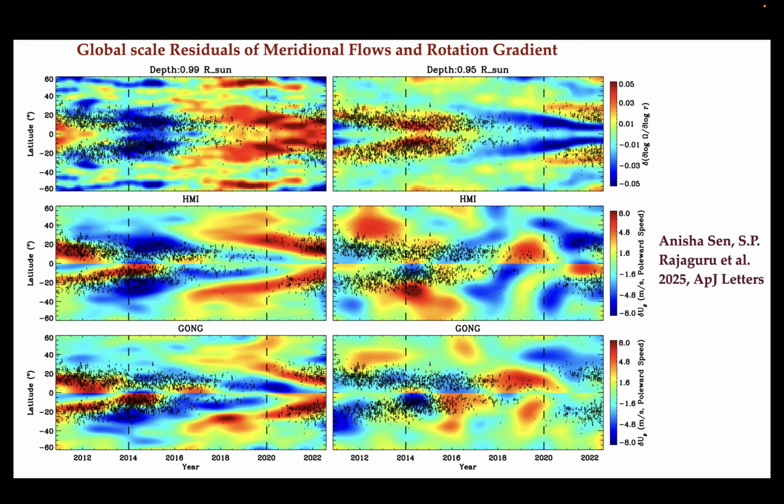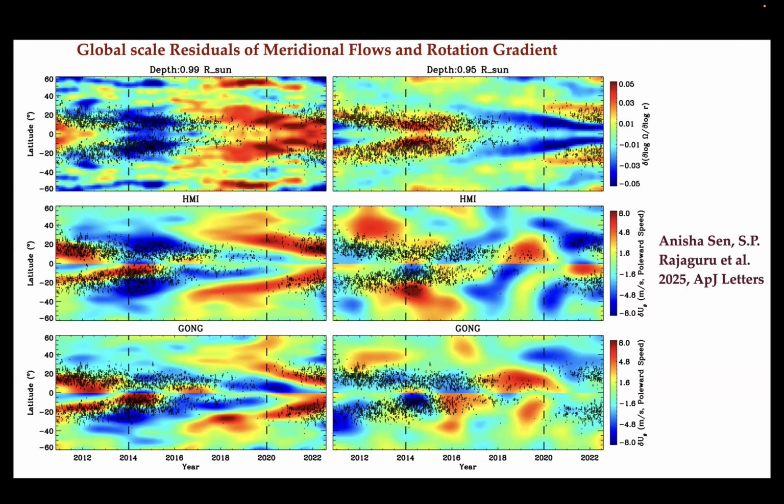And the middle panel and the bottom panel are the measurements of the global scale meridional flow using time-distance helioseismology. Again, for these two depths, you can see the blue. The convention here is that blue, negative, flows are towards the equator and red is towards the pole in both hemispheres.